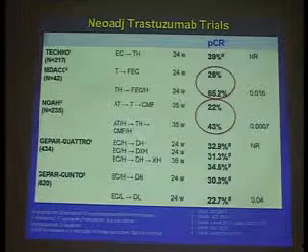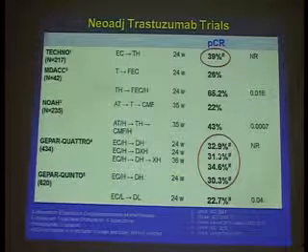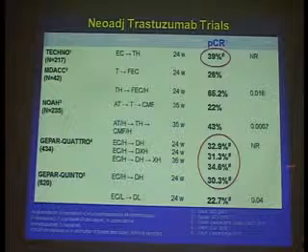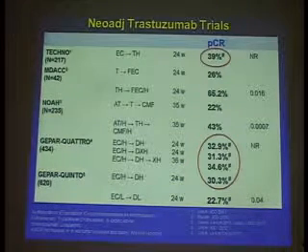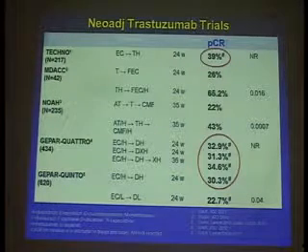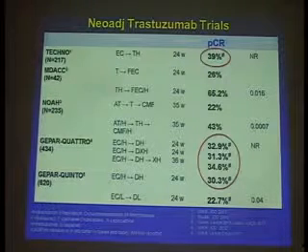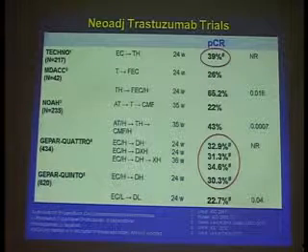And even if you look at the trial, who demanded a very strict definition of pathologic complete response, which means no in situ, no invasive, and no node involvement, between 30 to 40% of these patients, when you give them anti-HER2 neu therapy pre-surgery, they achieve a complete pathologic response.